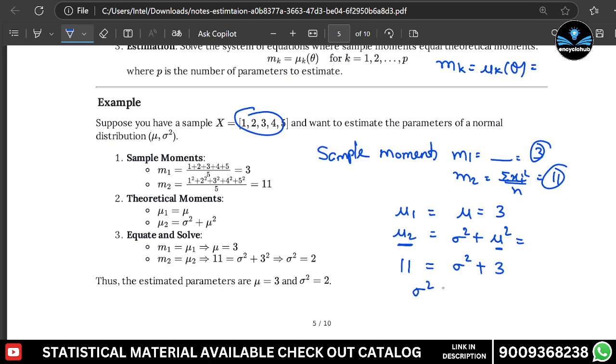So sigma square will be 11 minus 3 square, which means 11 minus 9, which is 2. So we can say the variance is 2 and the mean is equal to 3.